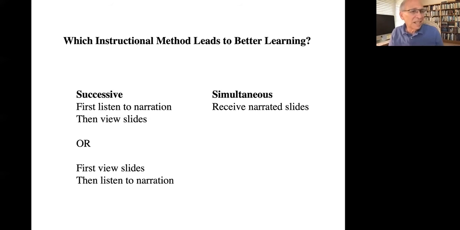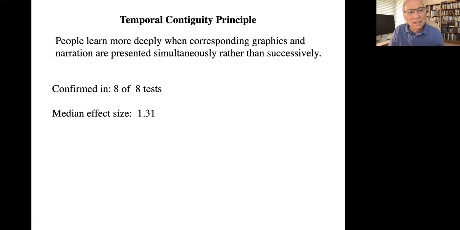You might think successive might be better because you are getting twice as much exposure, but the research shows that simultaneous is by far better. And I think the reason is when you get the words first, you have to wait a long time to connect them up to the images. You've lost a lot of the words by the time you get to see the animation, or vice versa.